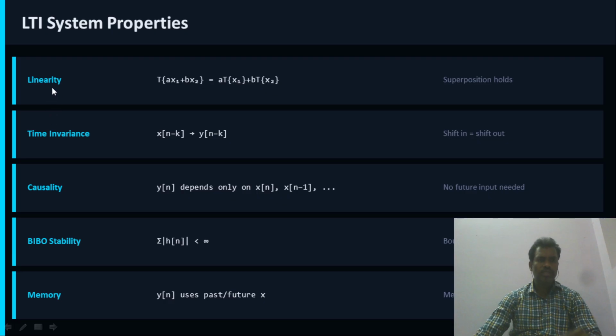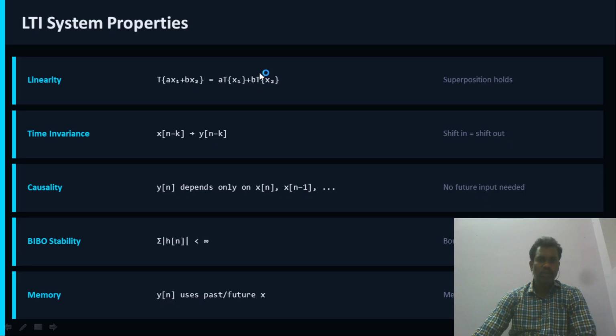Now let's see what this classification is. A linear system is said to be linear if it satisfies the superposition principle. What is the superposition principle? It has two principles: additivity and homogeneity. Additivity means if we give two input signals separately, they will produce two separate responses. If you apply x1 of n to the system, it produces T of x1 of n.